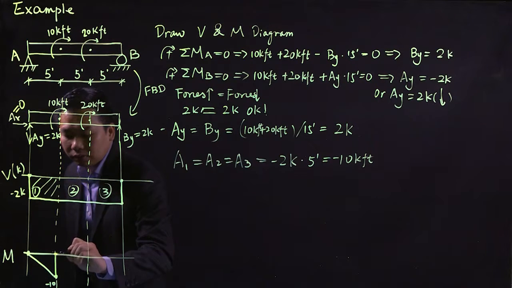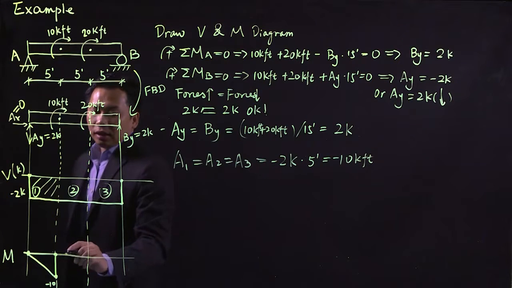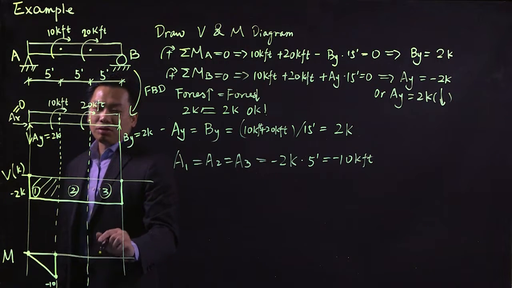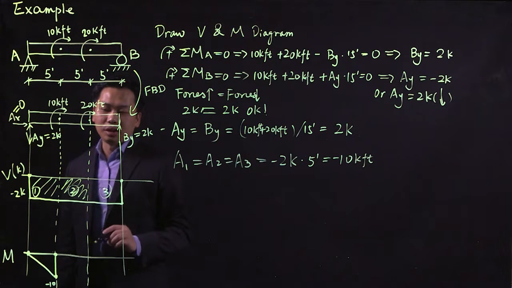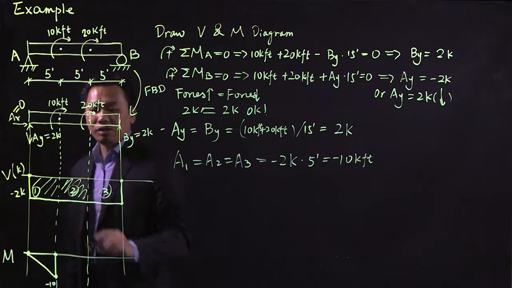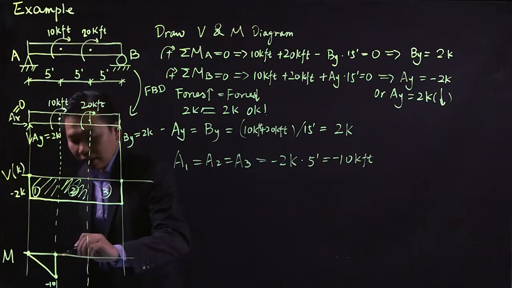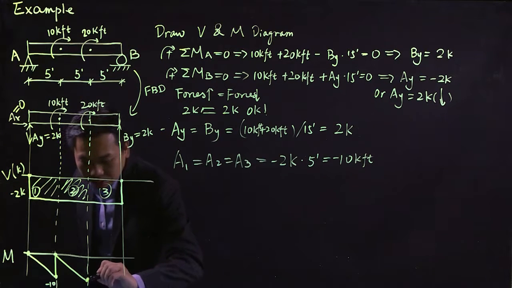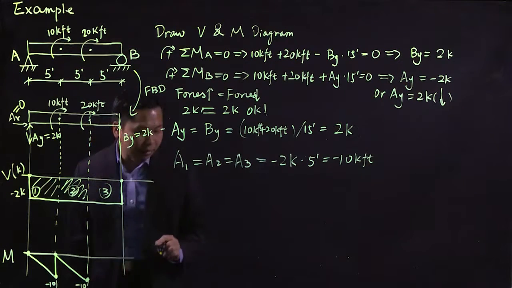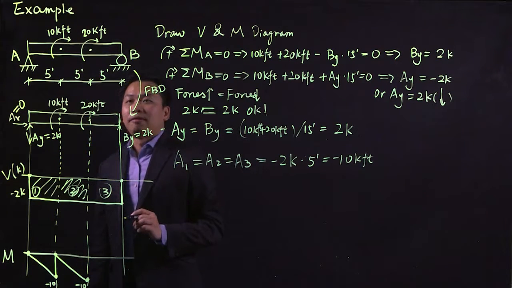From 0, the moment is going to change by the area of your shear diagram, and the area for A2 is equal to -10 again. Therefore, your moment diagram goes back to -10 again, right before x equal to 10 feet.